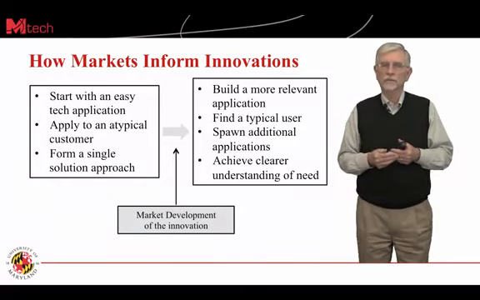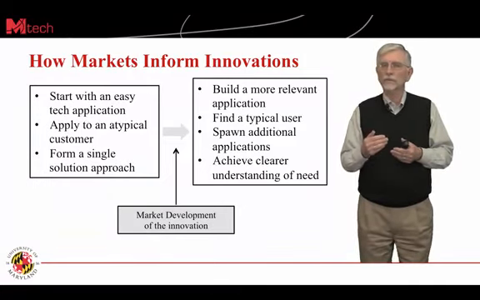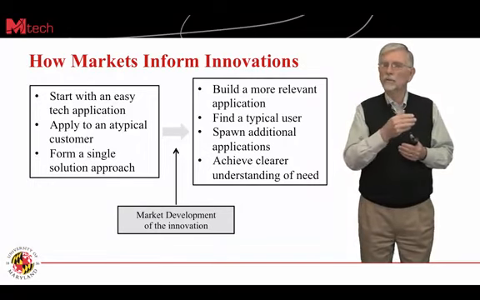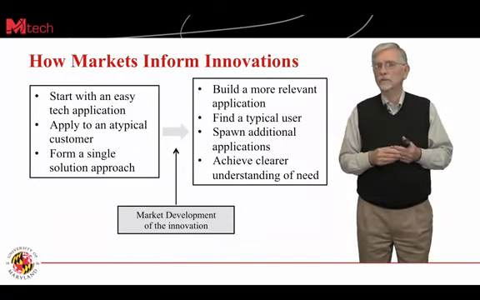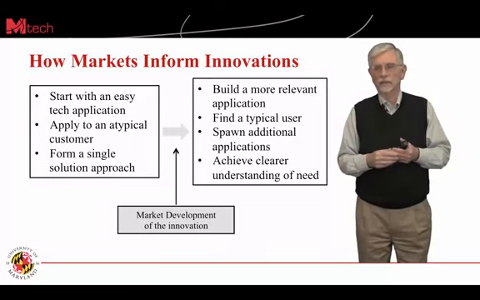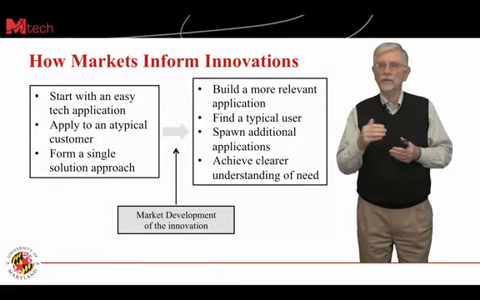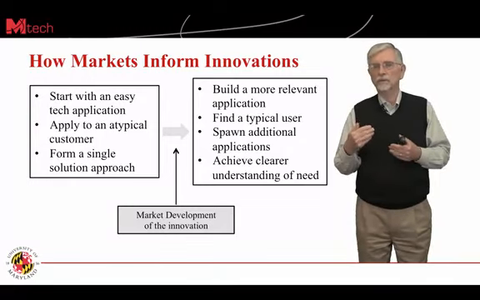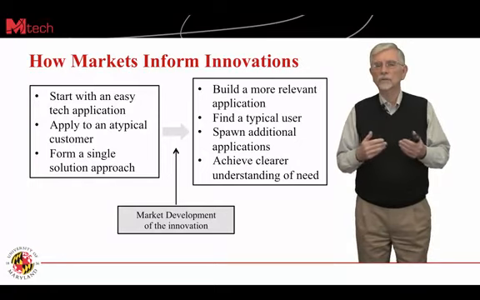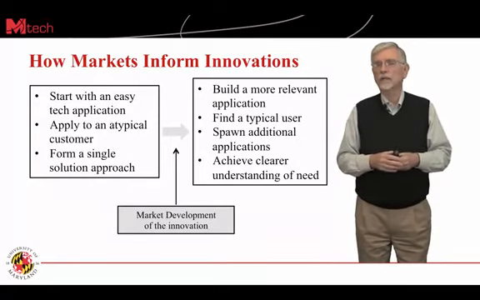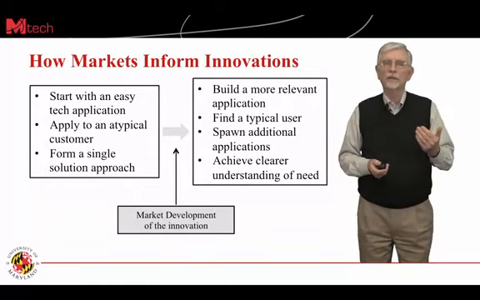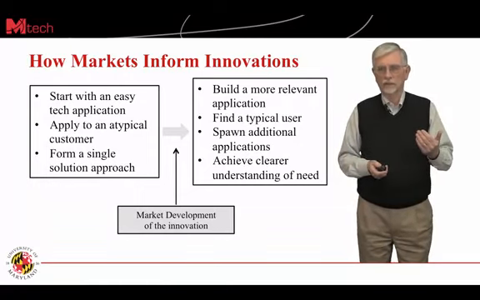What is the market telling you about it? You find a typical user. Once you've got it out in the marketplace, if you don't know who the user is, you'll find out. Once you put it out in the marketplace, who's using that innovative technology. And from that, you can spawn additional applications. You can refine your product or your service, and you can achieve really a better understanding of what the need is out there. So the markets inform something that you're putting out there to test.